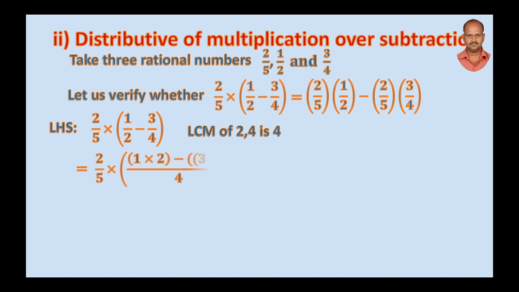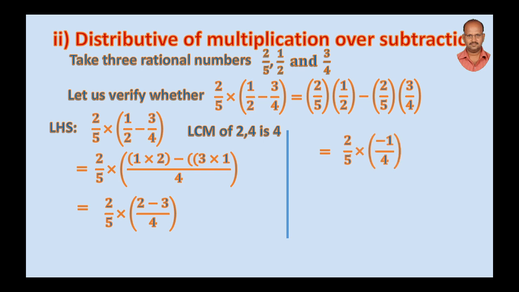2 by 5 into within brackets 1 into 2 minus 3 into 1 upon 4. 2 by 5 into 2 minus 3 upon 4, then that is equal to 2 by 5 into minus 1 by 4. 2 ones are 2, 2 twos are 4.